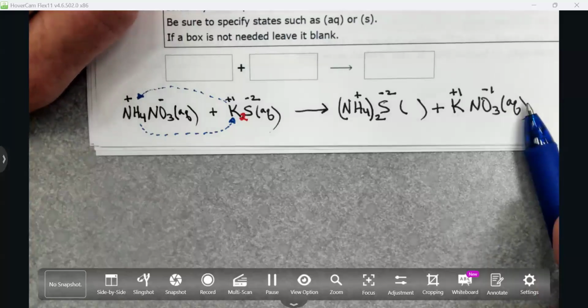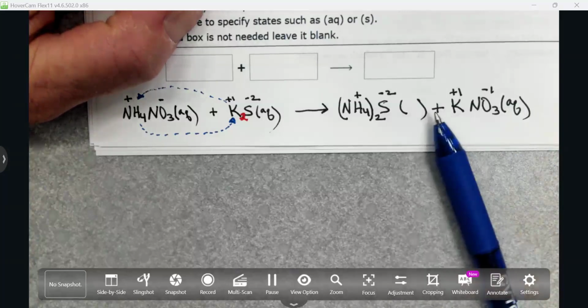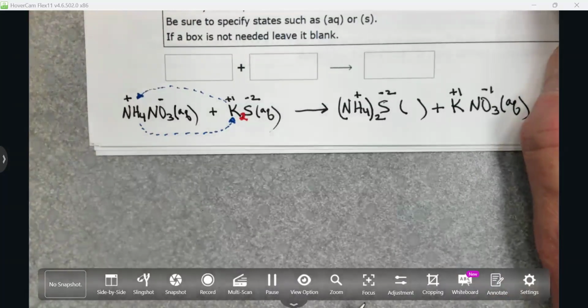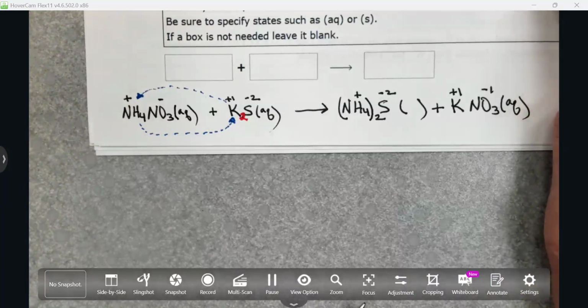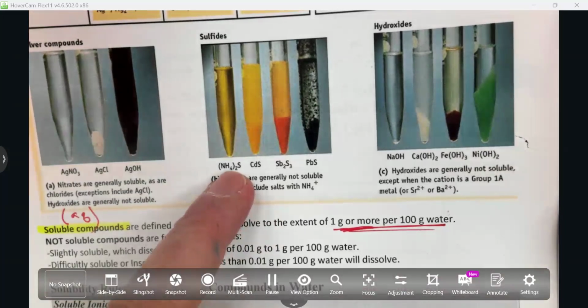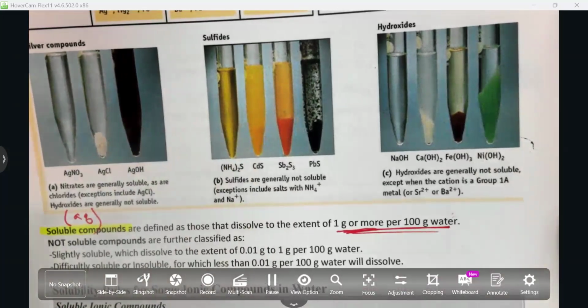Now, the only way for us to get a reaction is for this to be a solid. And if we look at the solubility rules, sulfides, oh, we got it right here. Ammonium sulfide, aqueous. That is not a solid. It's number 6.